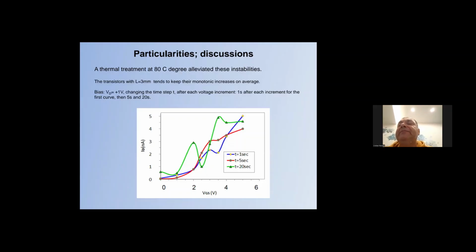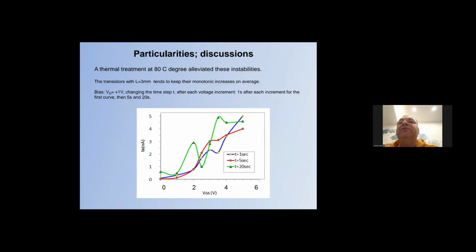Another observation that improved our measurements: we are searching for a solution to reduce the oscillation in time of the characteristics.